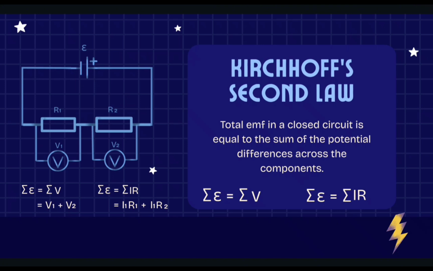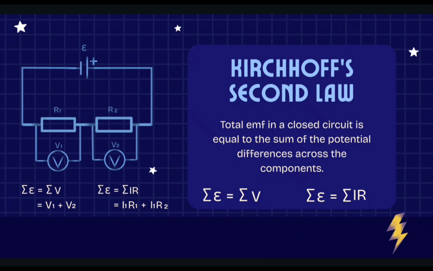On the left side of the slide, you can see the circuit with two resistors, R1 and R2. The battery supplies its EMF, and the potential differences across the resistors are V1 and V2. According to the law, we write sigma EMF equal to sigma V, and sigma V is equal to V1 plus V2.